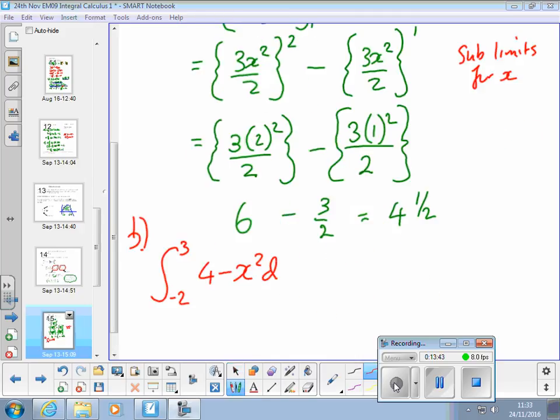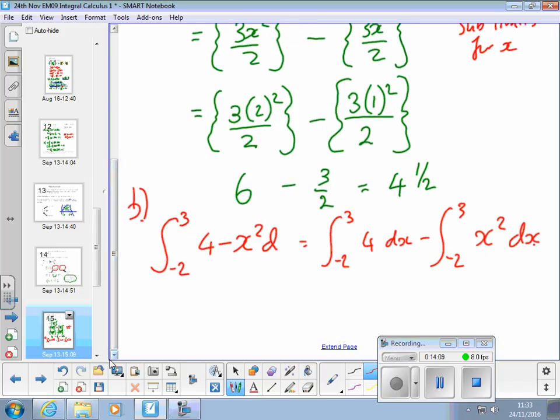So what we got to do to that one to integrate, we got to separate it. The integral of the constant 4, so there's my curly brackets.